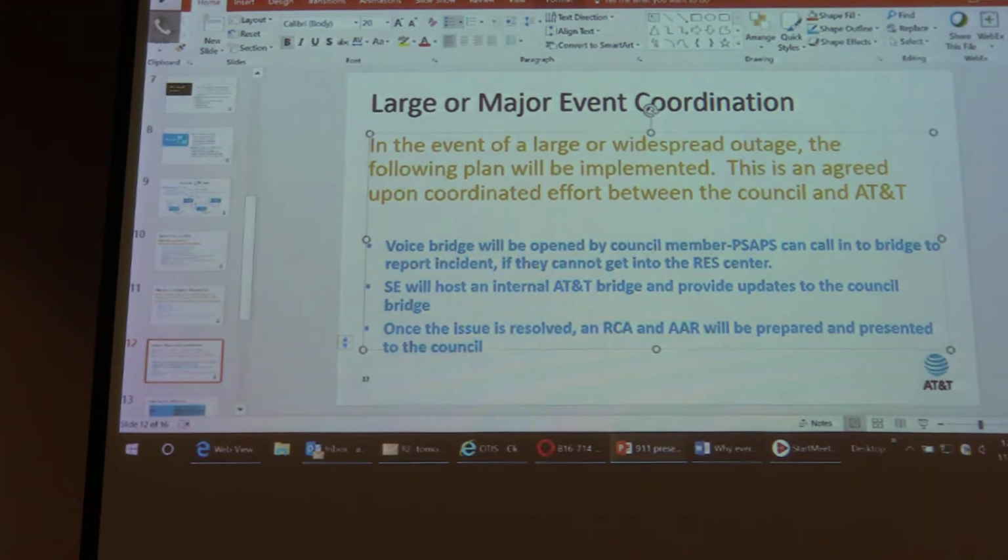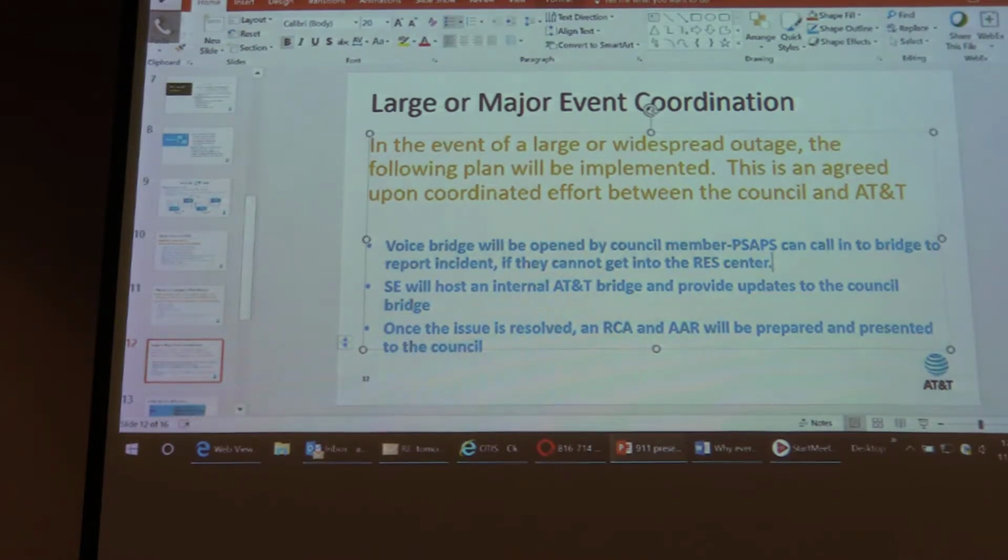Scott, do you want to talk about that any? Yeah, sure. Basically, anytime we have a situation going on that's affecting 3 or more PSAPs, we'll follow this plan. You will get the outage notification via email, text, and voice, depending on what you set up on your account on the portal.